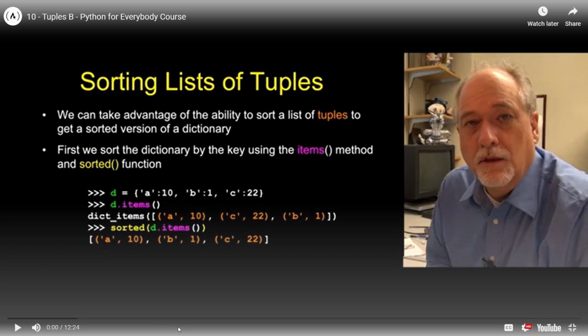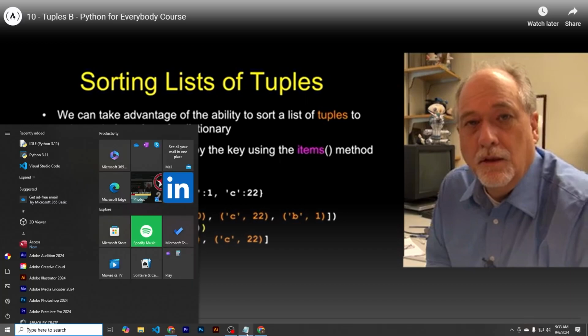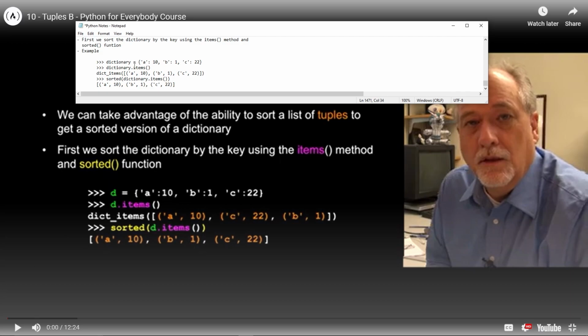Let's go back to the notes and name that something, because I don't like how that goes. No, we can't do that. We should be able to do that, right?